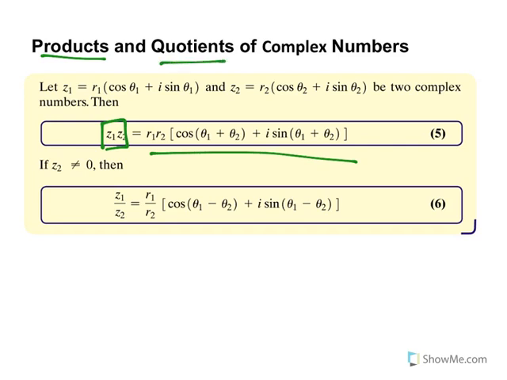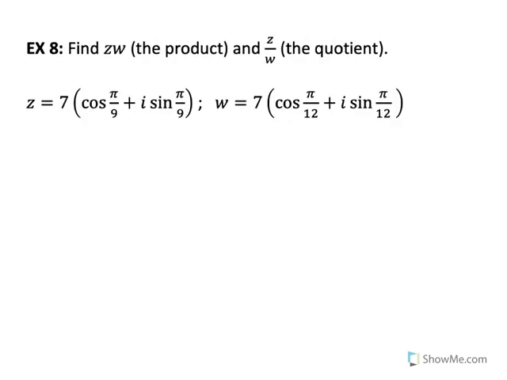If we want to take a quotient, we're going to divide those, and I take r1 divided by r2 times cosine of theta 1 minus theta 2 plus i sine theta 1 minus theta 2. So all we're going to do in the next problems is apply these rules.